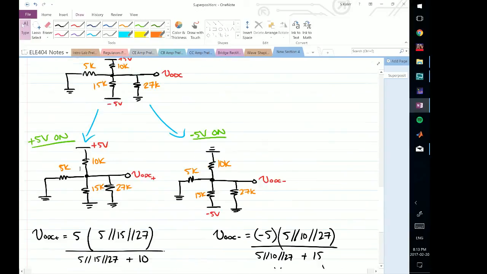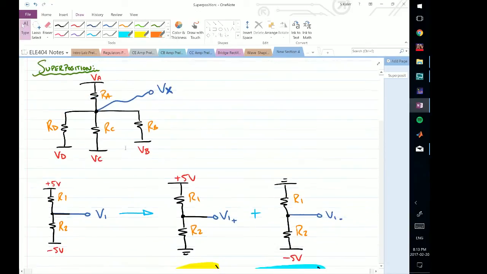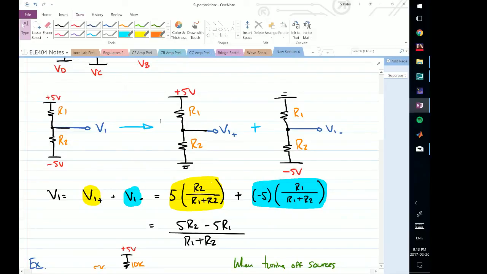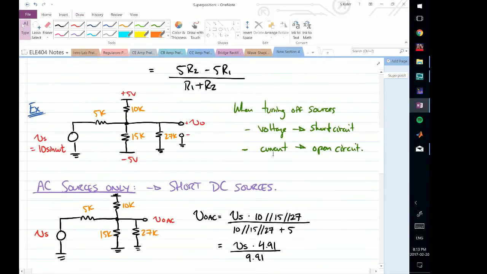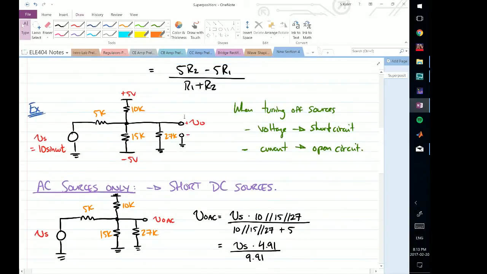So just to recap, in this video we looked at superposition, which essentially says that if I have multiple sources, I can break down the circuit that deals with all those sources into sub-circuits, all of which consider only one source where all the other ones are turned off. Now how do we turn off the sources? If it's a voltage source, we replace it with a short circuit. If it's a current source, we replace it with an open circuit. Once we can consider one source at a time, we take a look at that source. We find the voltage that we're interested in. So in this case, we were interested in VO.